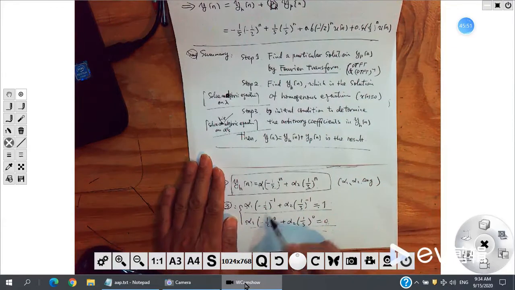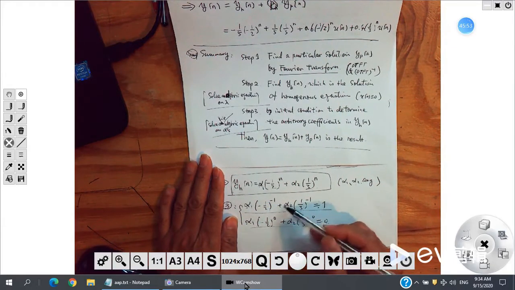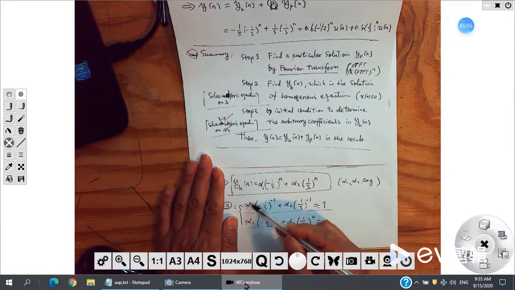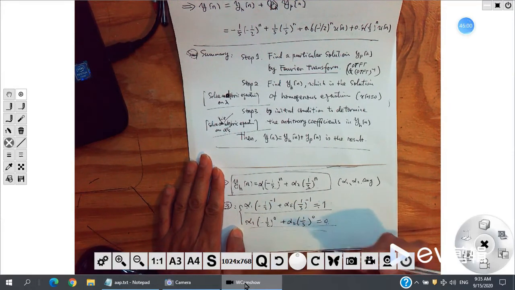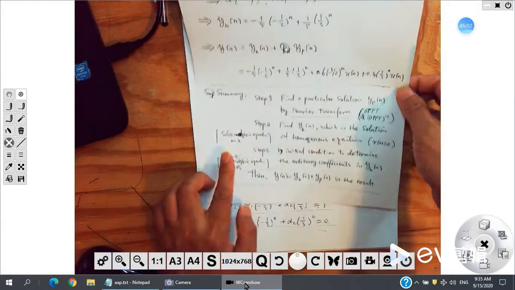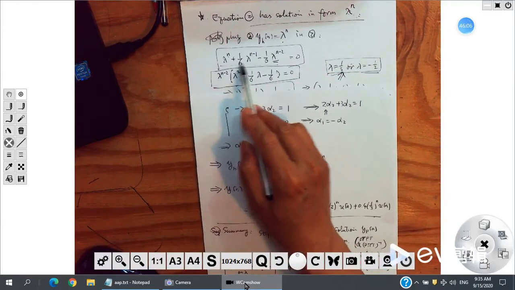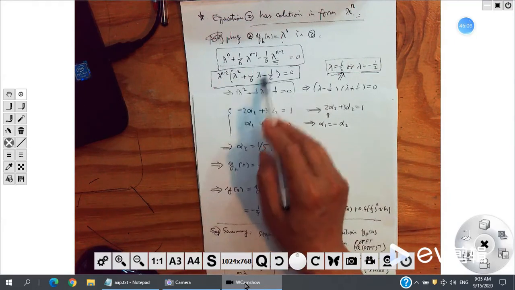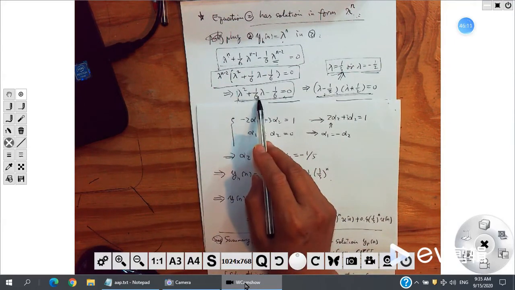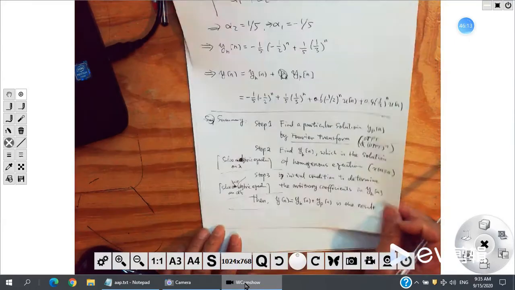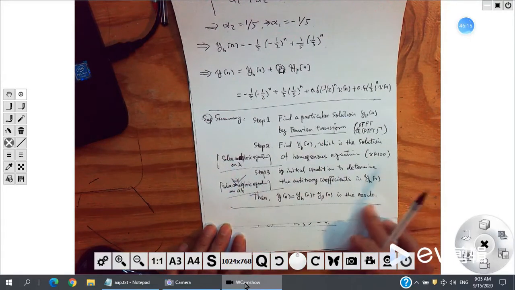Just linear on alpha 1, alpha 2, right? Yeah. And for this one you need to solve the equation like this, so you have high order on lambda. Yeah. Then finally you can have the whole solution.